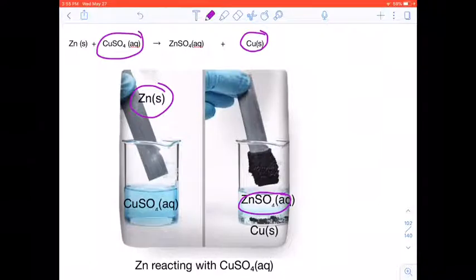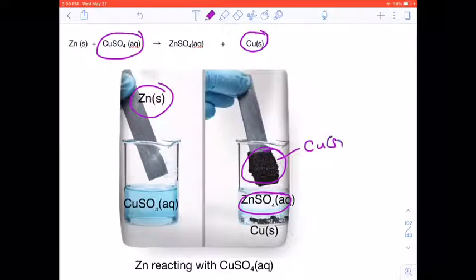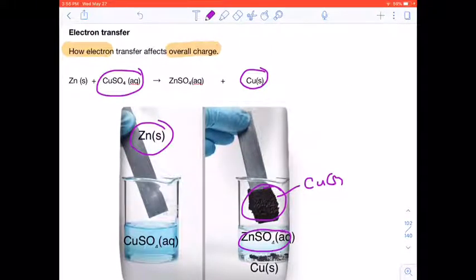So as you can see, there's your copper there. That's your copper solid.